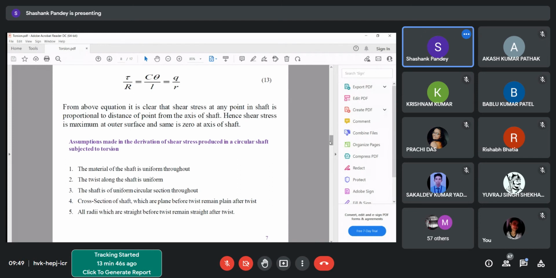So this is our well-known equation. We have also done it while performing the experiment on torsion. This is tau upon R, and this is C theta upon L upon q upon r. So from the above equation, it is clear that shear stress at any point in the shaft is proportional to the distance of the point from the axis of the shaft.